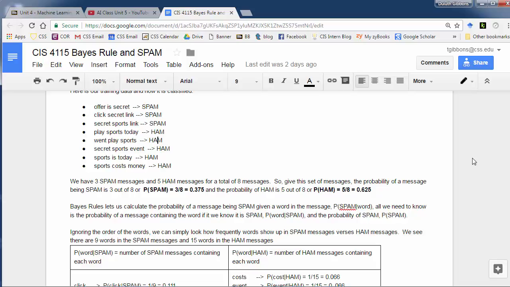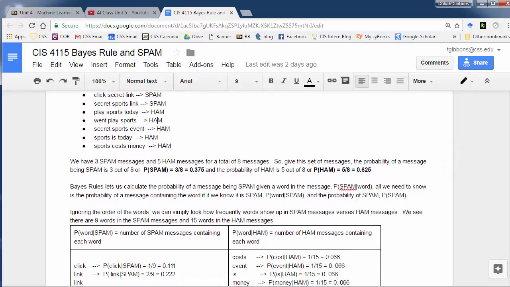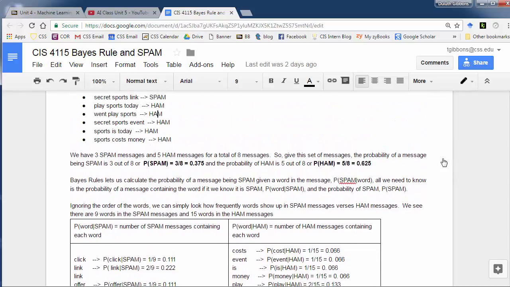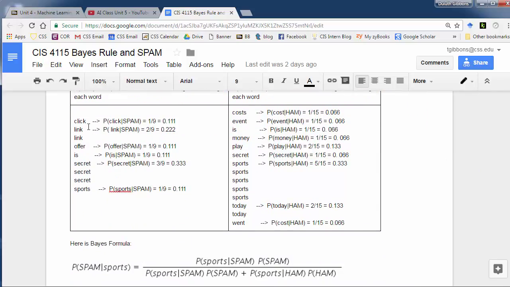Then we're going to look at the words in each message, not the word order, just the words. So we're going to take all the words in these messages and look at them and count them. The word click occurs once, out of 9 words in the spam emails, so 1 out of 9.